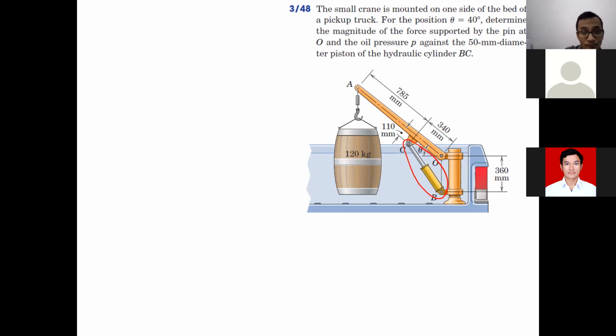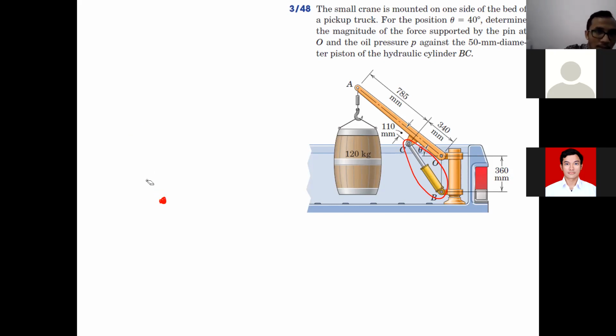For a two force member, what is special? Normally it is either under tension or under compression only. There will be no bending because the force is only given at both ends.